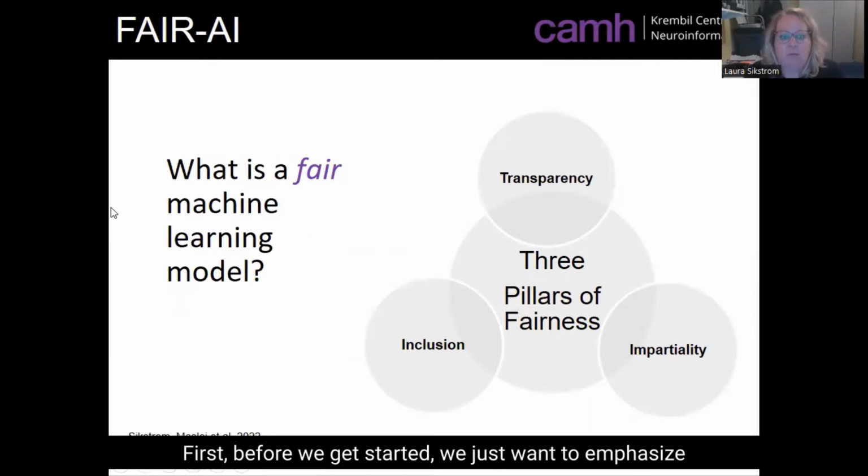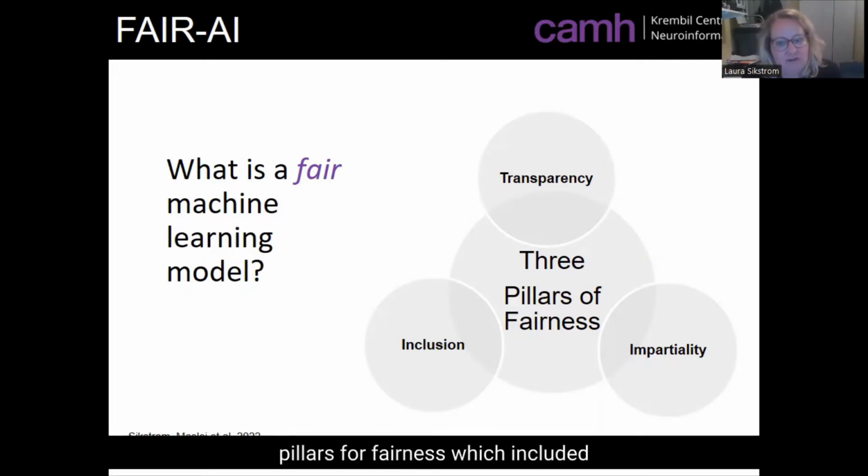First, before we get started, I just want to emphasize that we are working within a fair AI framework. And this is a question that Marta and I have explored in a previous publication, asking what is a fair machine learning model? That work identified three pillars for fairness, which were transparency, impartiality, and inclusion.